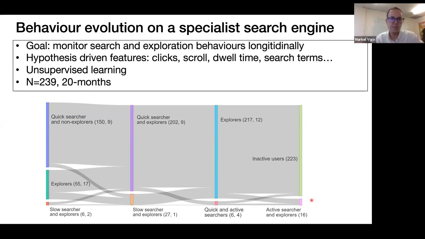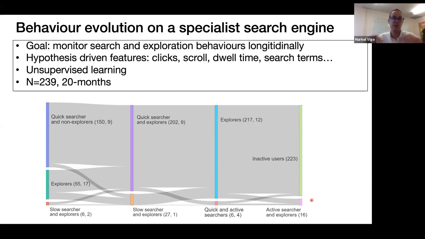We used some hypothesis-driven features derived from the knowledge acquisition, learning, and domain expertise literature. And we applied some unsupervised learning to see how the different cohorts behaved. We involved 239 users over 20 months. One of the highlights about this work was that initially you have a heterogeneous pool of users who have very different behaviors, but over time you see a convergence.